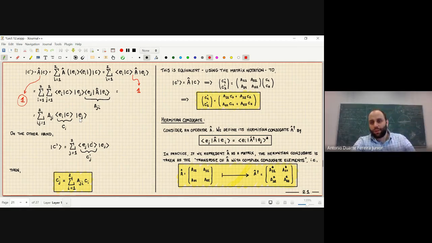The basis we are working with is the basis of the vectors EI, which is E1 and E2. And this expression here tells me how to write the vector C prime in the basis of vectors E.